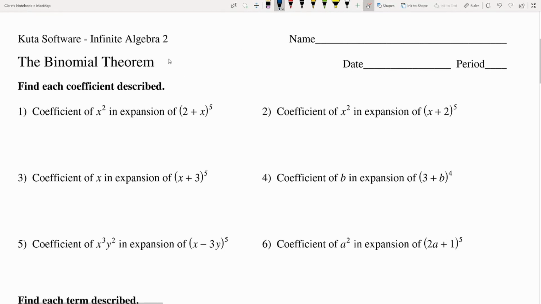The binomial theorem says that (a + b) raised to a power of n, where a + b is our binomial and we're raising it to a power of n, is equivalent to the summation, sigma notation, from k equals 0 to n of n choose k times a to the n minus k times b to the k.